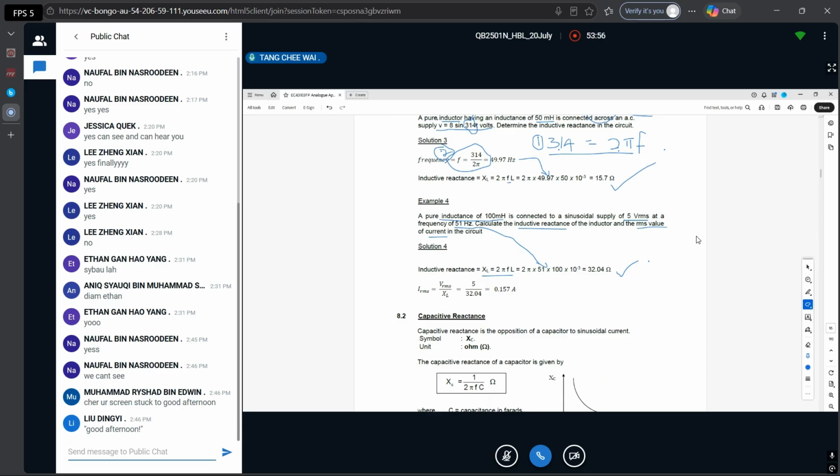Of course, then we use Ohm's law here: I equals V over R, but this is not R because this is now inductive reactance. The 5 volts is given to you, which is the RMS value. And the 32 is your inductive reactance, which you already found earlier on. Then you finally get your answer.